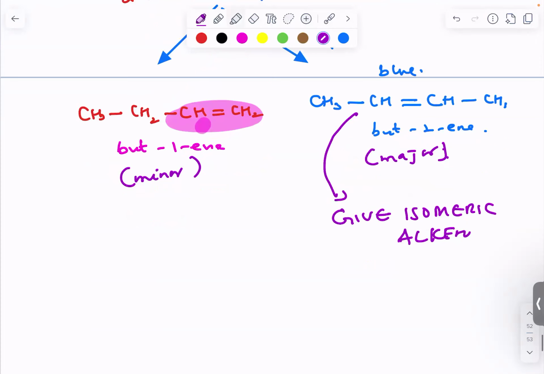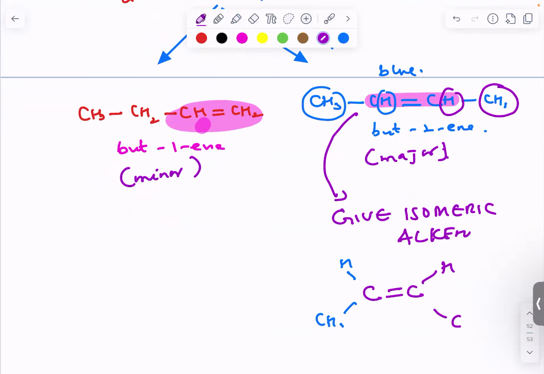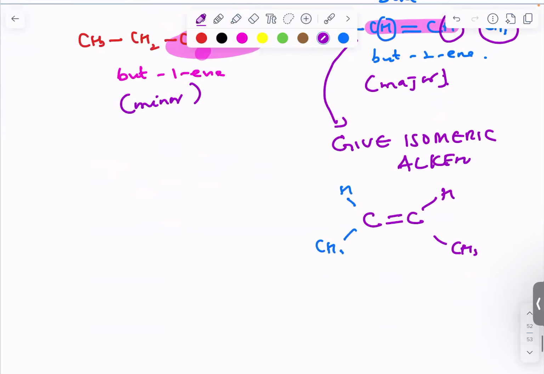If I block this part, the double bond, this would be C double bond C, H, this H, and CH3 to this side. Now in the second one, H, H, and CH3 to this side. This is right now the main chain. So this is cis-but-2-ene.